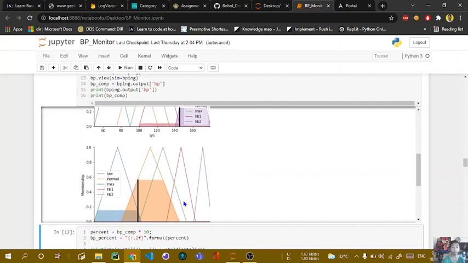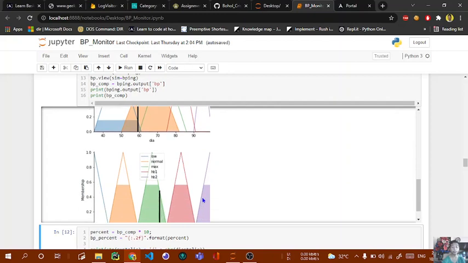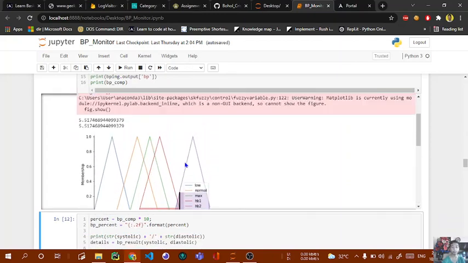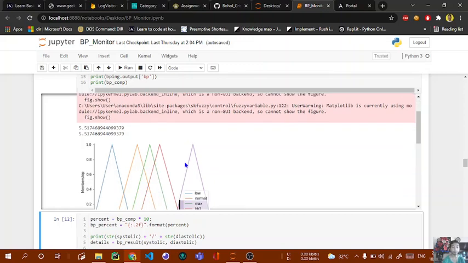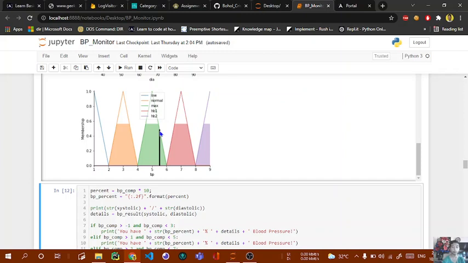The next, 59, would be in low and normal. So the rating would be 5.17, since it is already generated. It uses the centroid method of defuzzification.